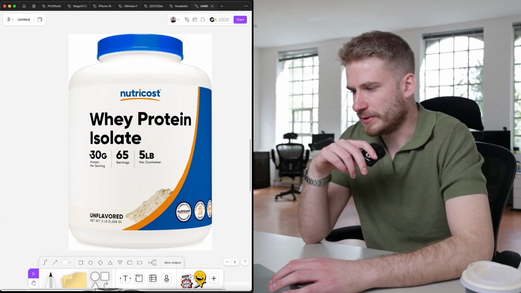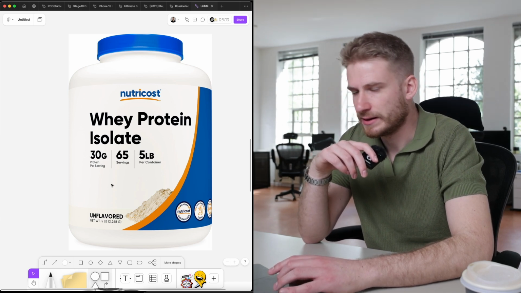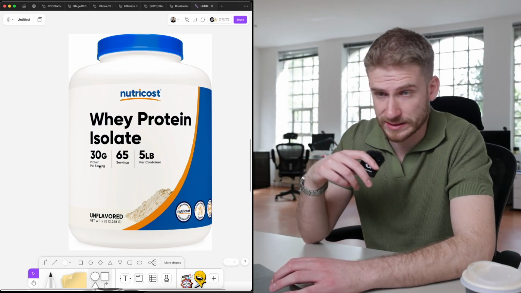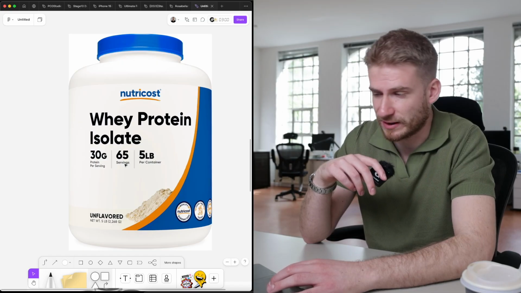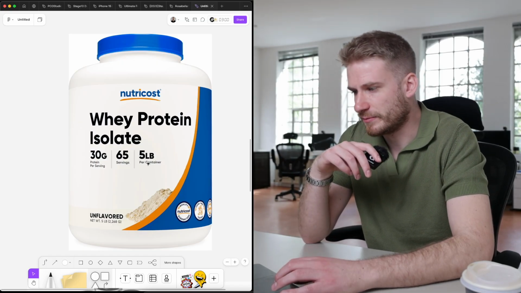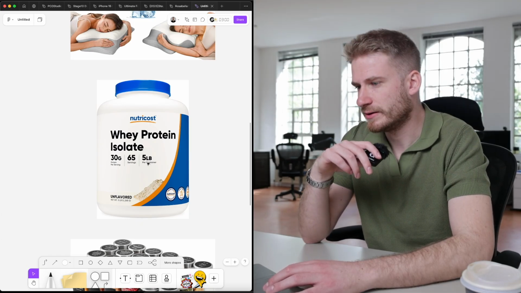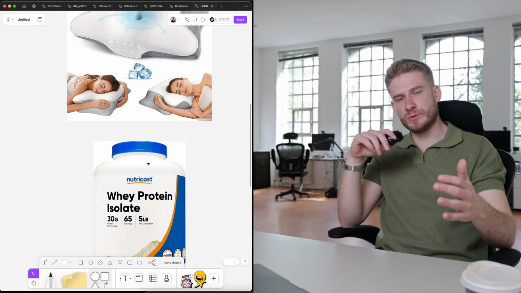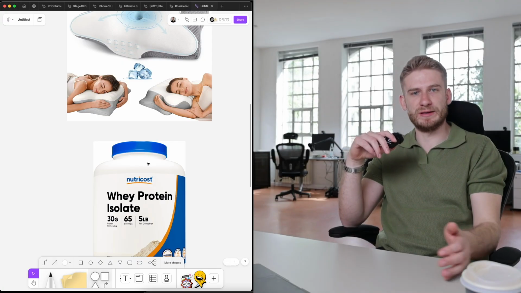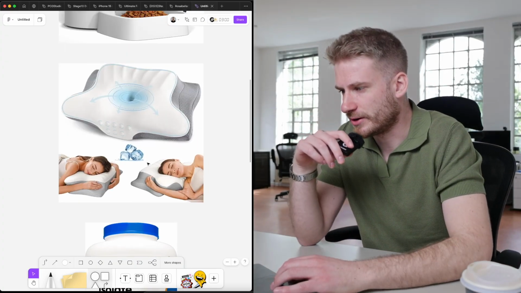So the most important thing here is to really highlight the information that is interesting for the customer. So 30 grams of protein per serving, there are 65 servings in there, and it's a 5-pound container. So being informative is very important. And that only helps you once you have grabbed their attention. You can't be only informative, because then people don't see your product.